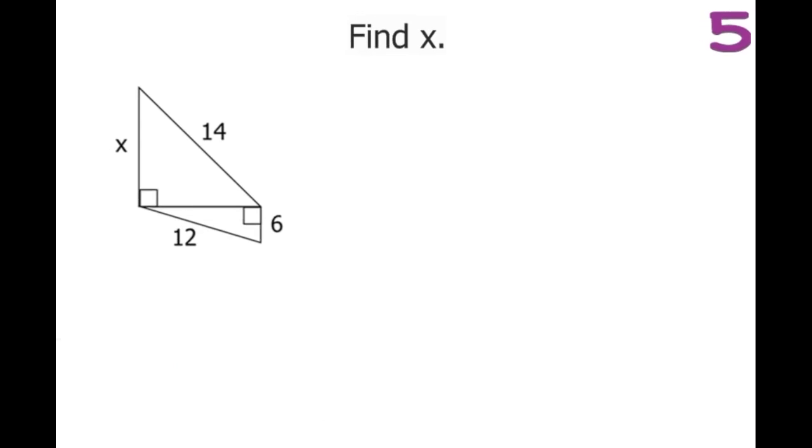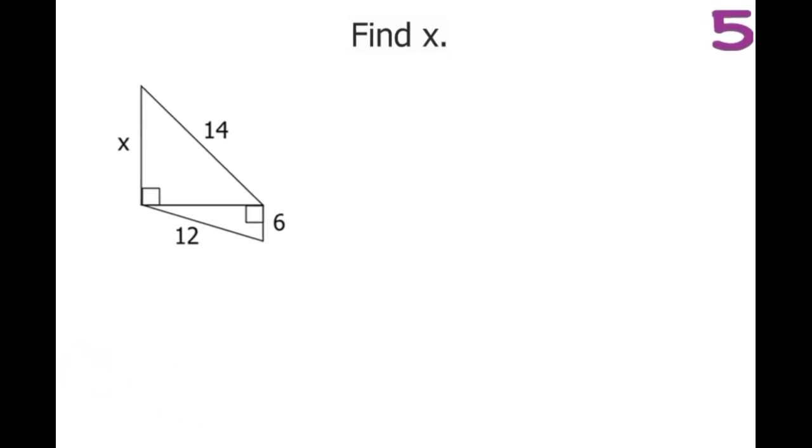Alright, so next it says find x. Not just, hey, it's right here. I need to find what the length is. Find the length of x. So if we're looking at this triangle, the one that has x, we don't know this side. We know this side is 14, but we don't know what this side is.